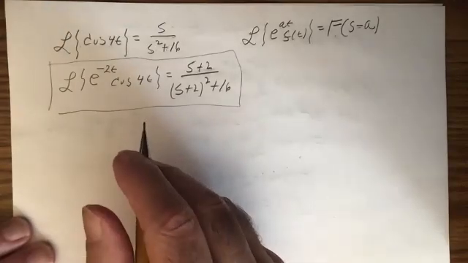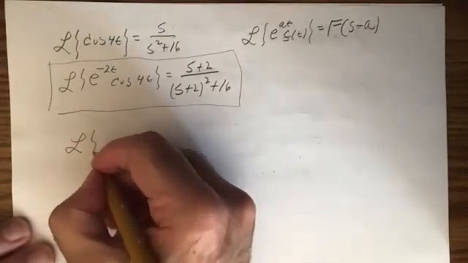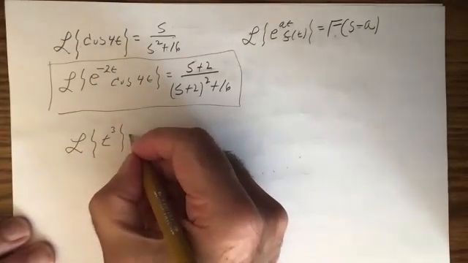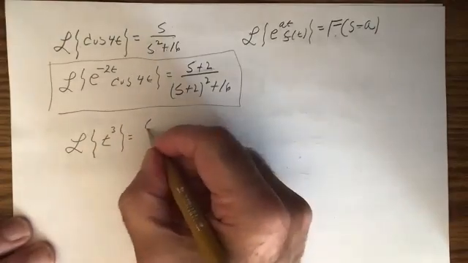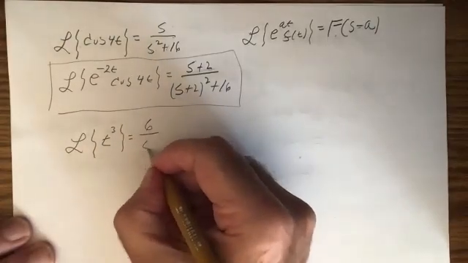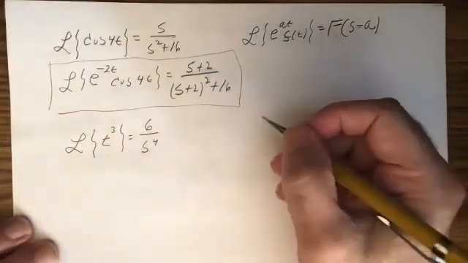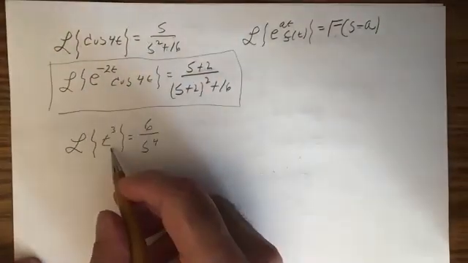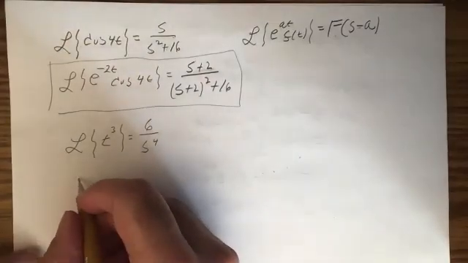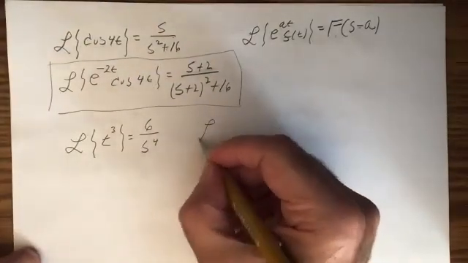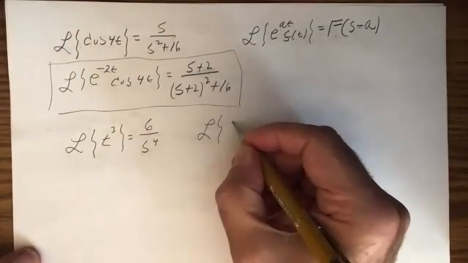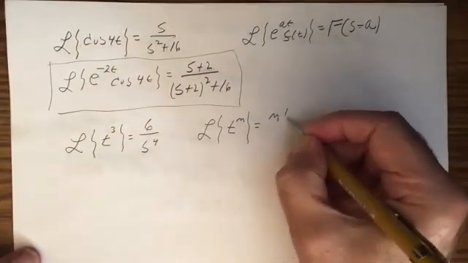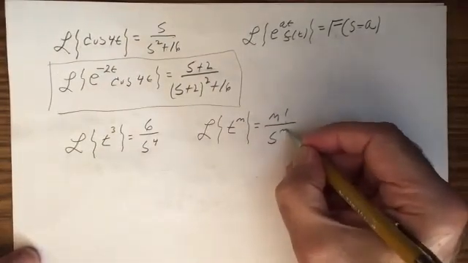Let me do another problem. Let's say we have t cubed. Remember, the Laplace transform of t to the n is equal to n factorial divided by s to the n plus 1.